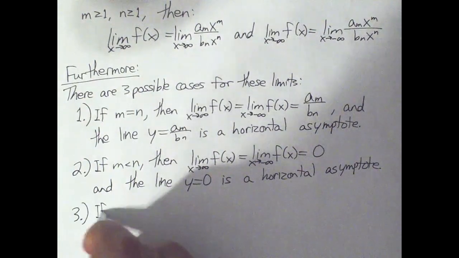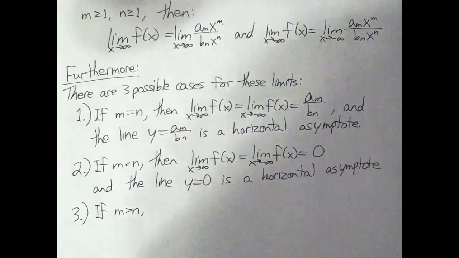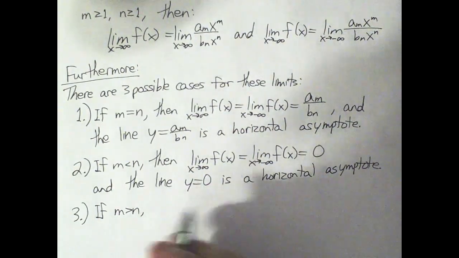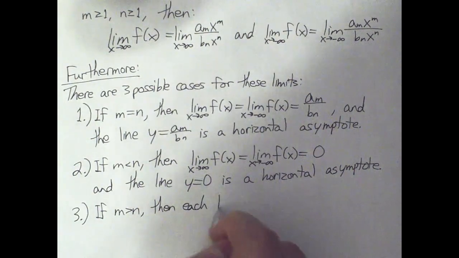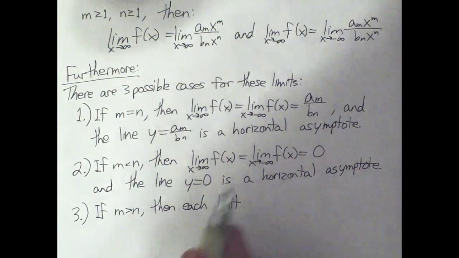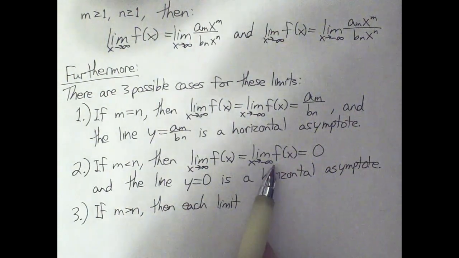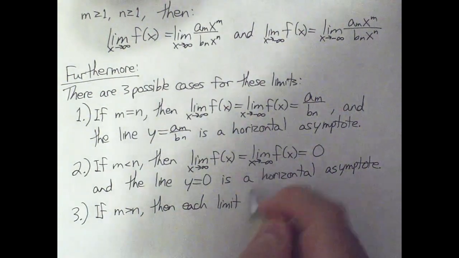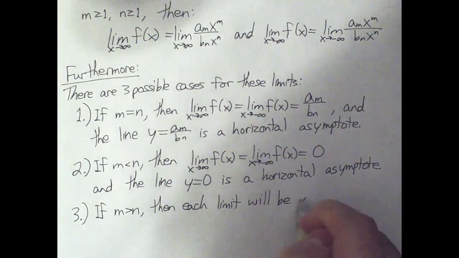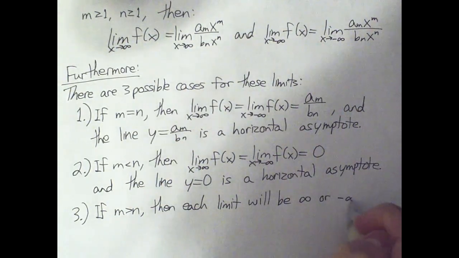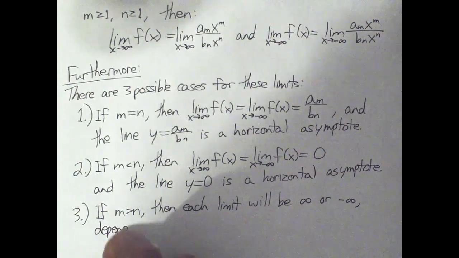And then finally, the only other case there could be is if m is greater than n. So the degree is now greater up top. Then each limit, when I say each limit, I mean the infinity one and the negative infinity one, each of those will be infinity or negative infinity, depending on the function.